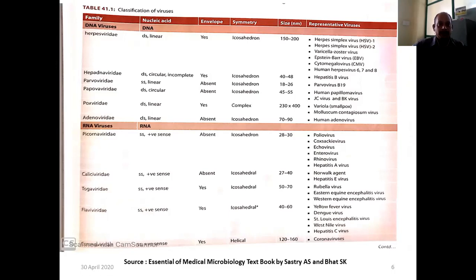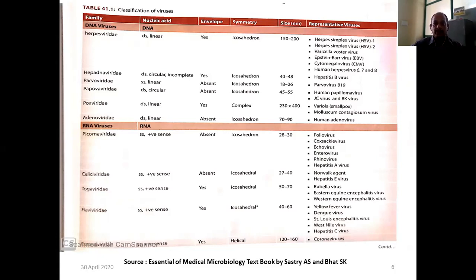Then the Hepadnaviridae family, which contains double-stranded circular DNA. They are responsible for causing viral hepatitis; the major pathogen is hepatitis B virus. Then the Poxviridae, with linear double-stranded DNA, responsible for causing smallpox.